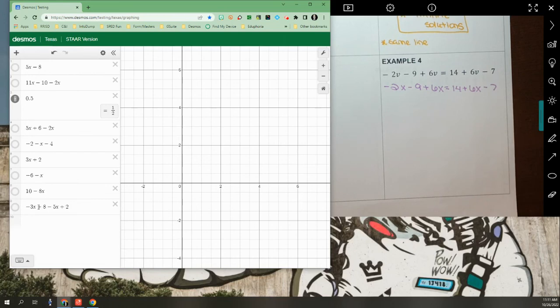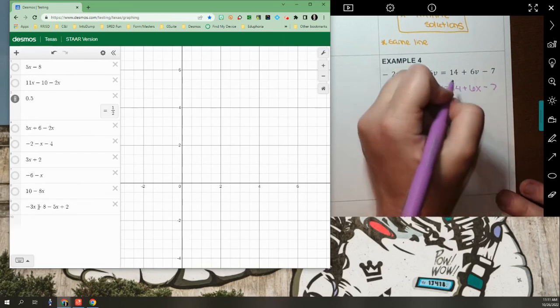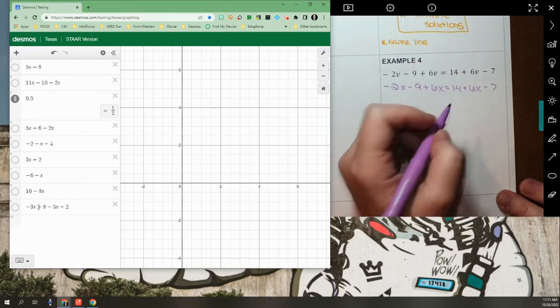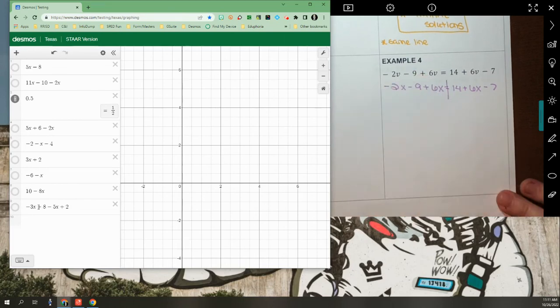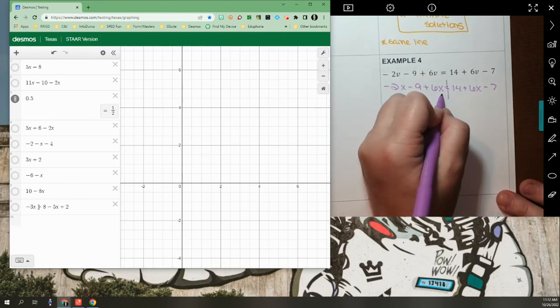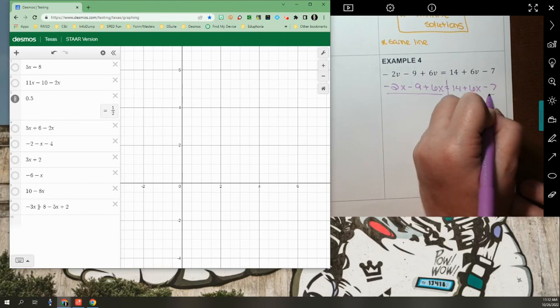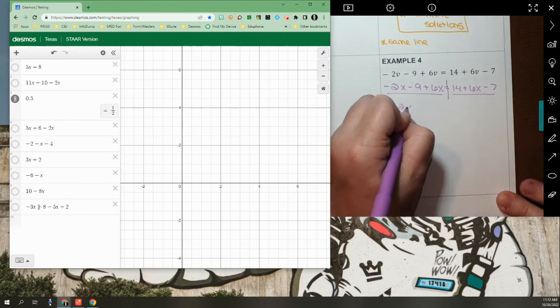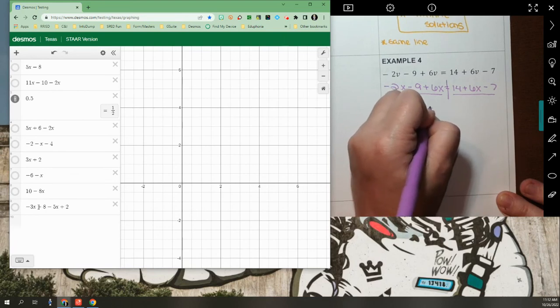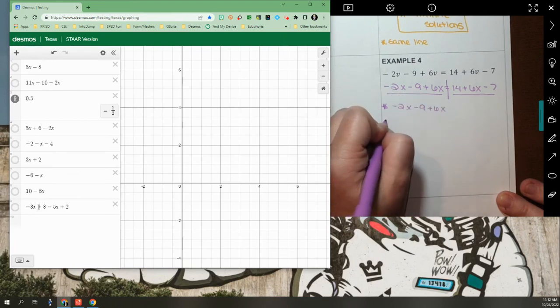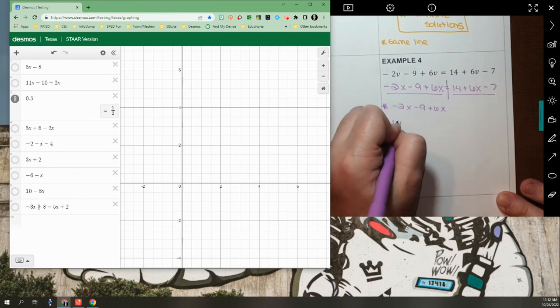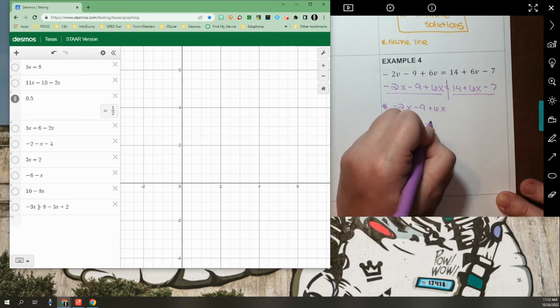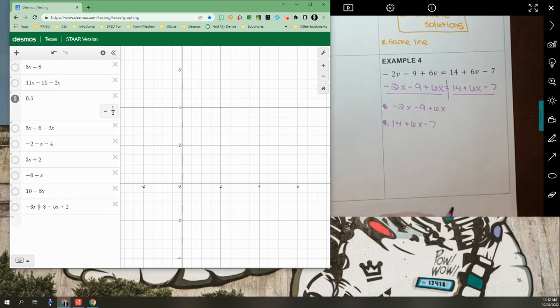Okay, let's see. So now I've got them switched over to x's. Draw my line, look at my two sides. Negative 2x minus 9 plus 6x, 14 plus 6x minus 7. Let's see.